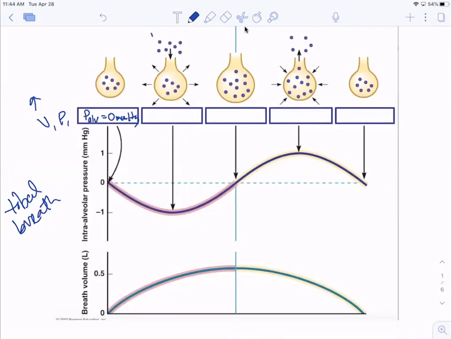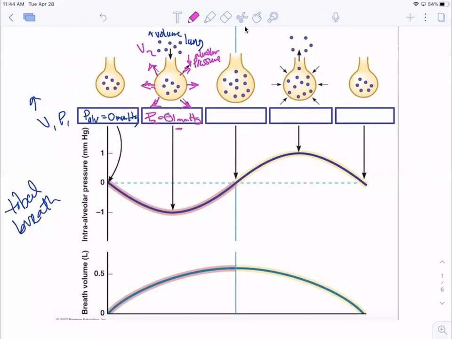So this is increasing the volume of the lungs or the thoracic cavity, and that in turn is going to cause a decrease in the alveolar pressure, because as it expands out, the molecules have a bigger volume, and so they can spread out, and that will actually decrease the pressure. So P2, so this would be V2, is going to end up being 1 millimeter of mercury less than atmosphere.